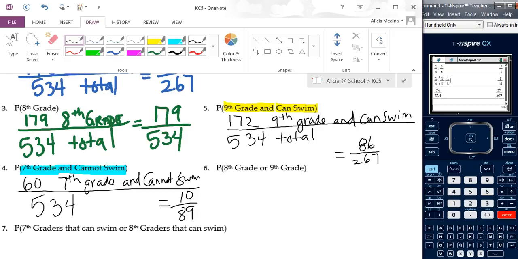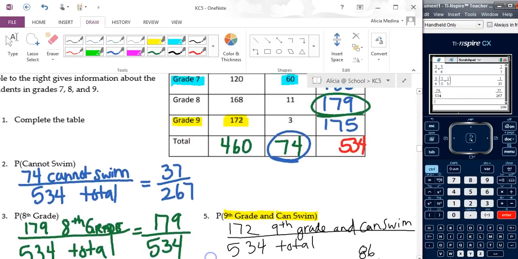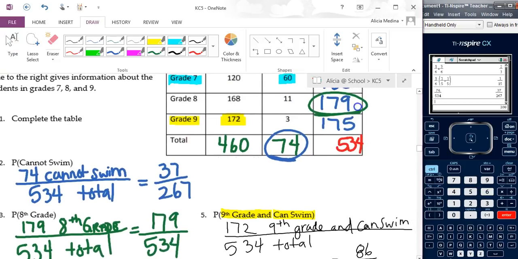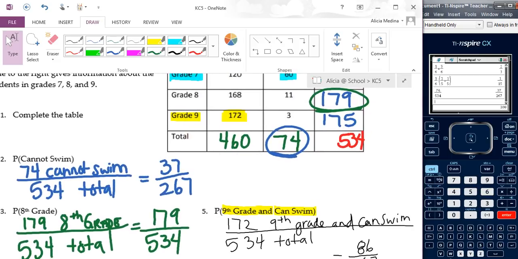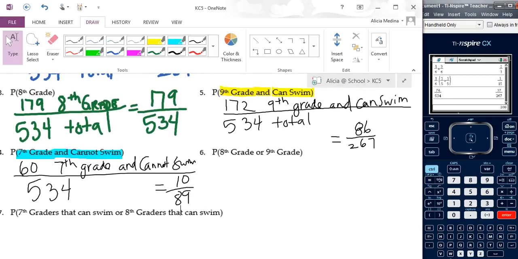Alright, next one. Finding the probability of an 8th grader or a 9th grader. So now I have to look at the total of being in an 8th grade class. 8th grade is going to be a total of 179. I see that over here. And then the total of being a 9th grader is 175. So when I write my probability out for this one, I'm going to draw my little line, separate problem.